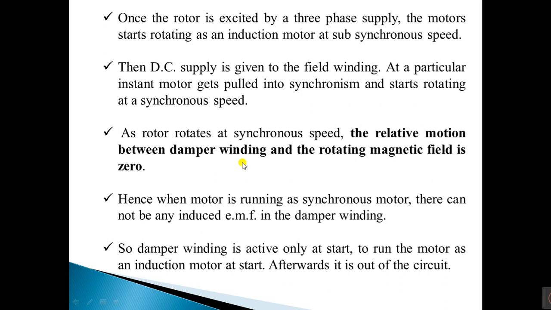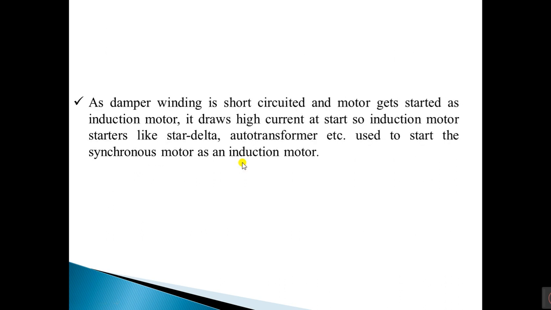So, the damper winding is active only at start, to run the motor as an induction motor. Afterwards, it is out of the circuit. As the damper winding is short circuited and the motor gets started as an induction motor, it draws high current at start. So, the induction motor is started using a star delta or auto transformer starter.